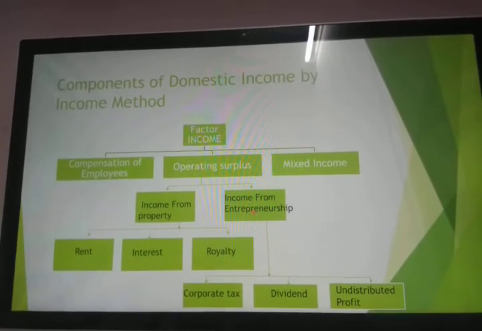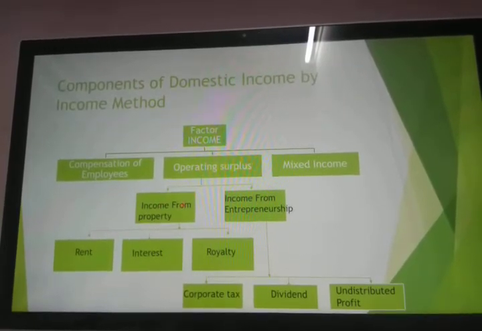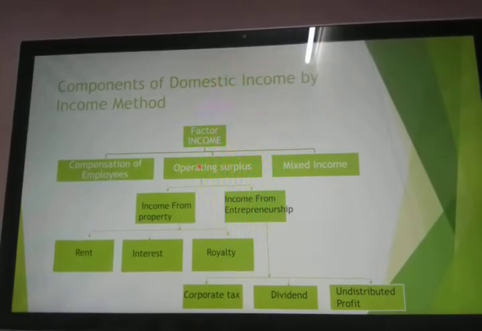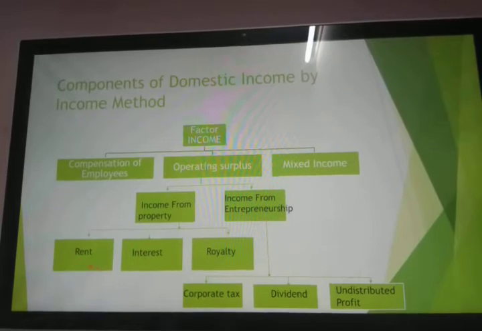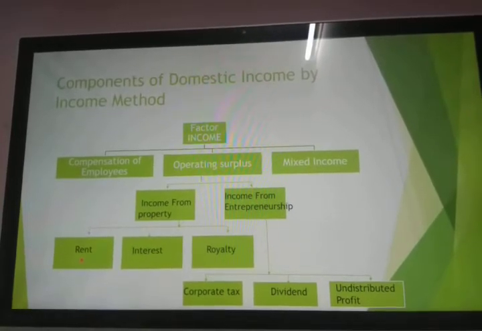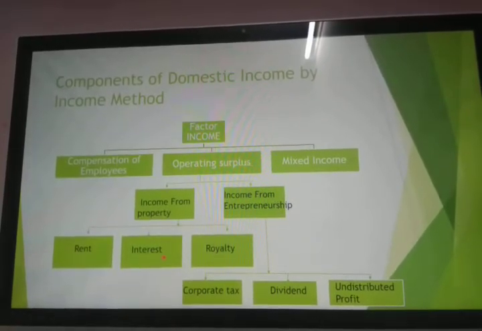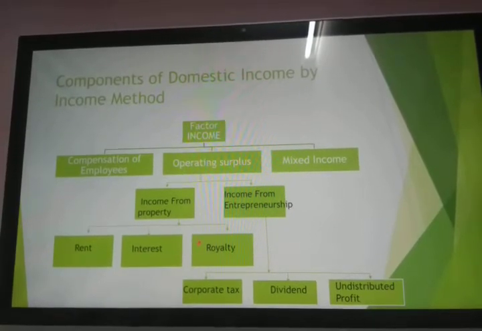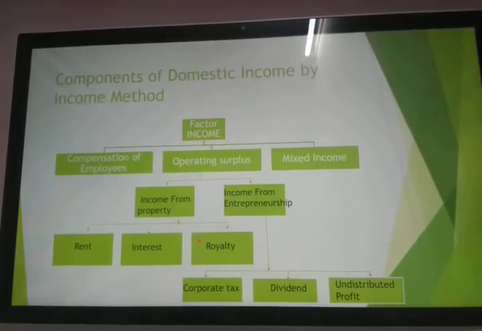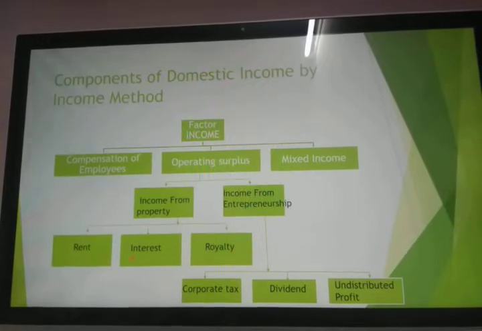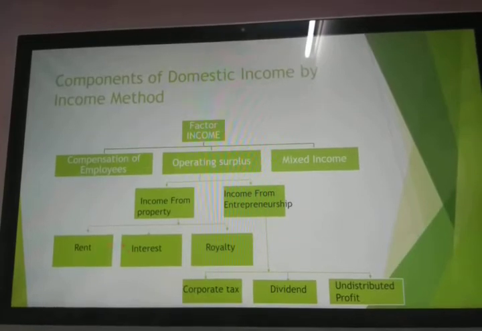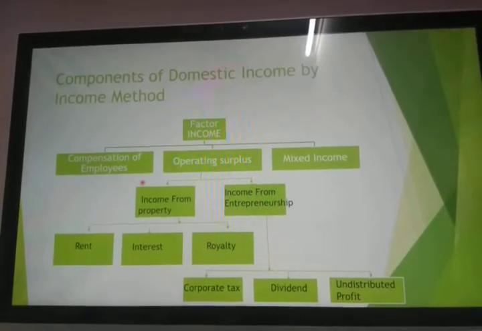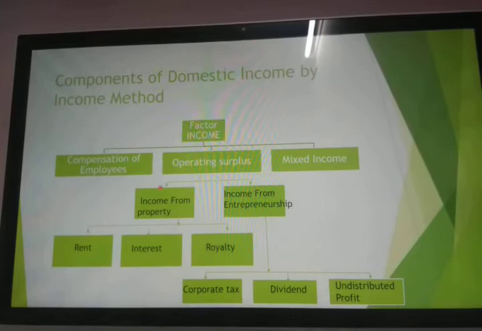So these are the two main components of operating surplus, and this is further divided into different categories. You are familiar with rent, interest and profit, but not with royalty. We'll discuss it in the next slide, but these are the components which we call factor income, and to make it wider, we use the name operating surplus.